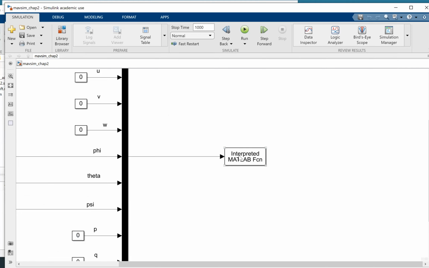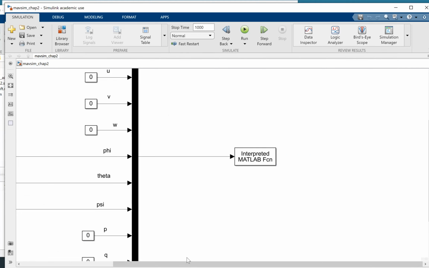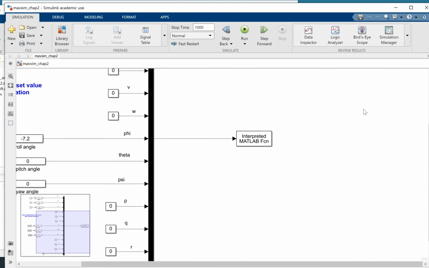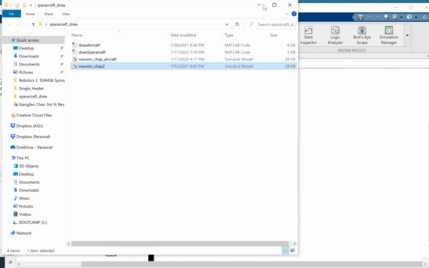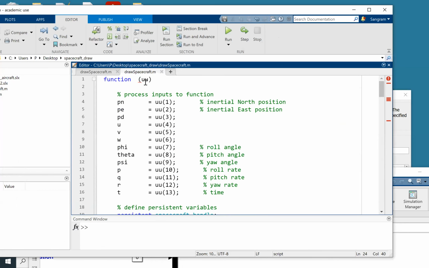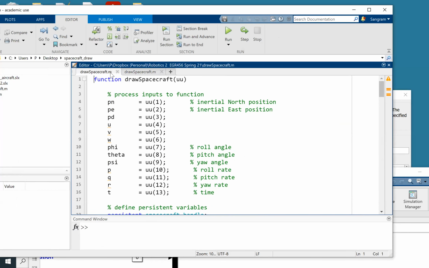Now, this MATLAB interpreted function, again, let's go back. If you look at the input of the MATLAB interpreted function, it's this vector UU, draw spacecraft UU. This is the interpreted function. So UU vector comprises of all this.